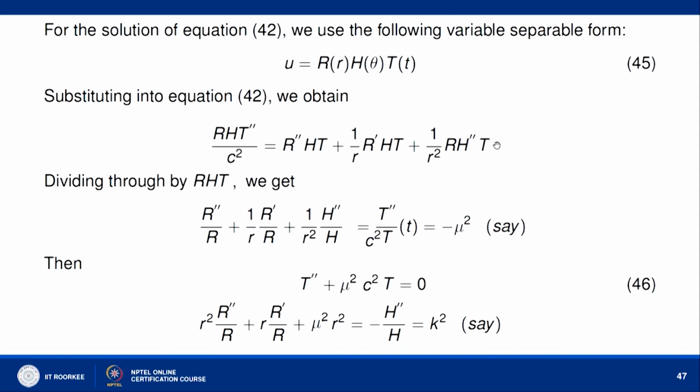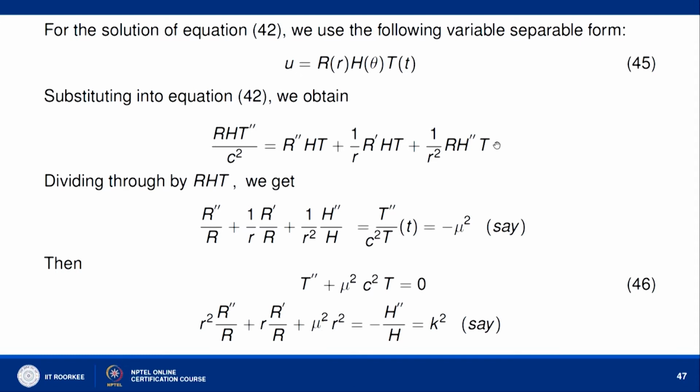Now, since the left hand side is a function of r and theta, and the right hand side is a function of t only, this can be true only when both are equal to a constant. Let us say that constant is minus mu square. I am leaving it to you to check that if you take a positive or zero constant, then we have only a trivial solution.